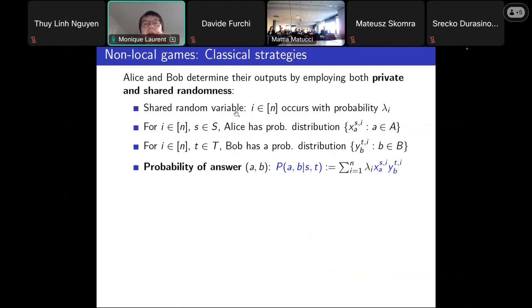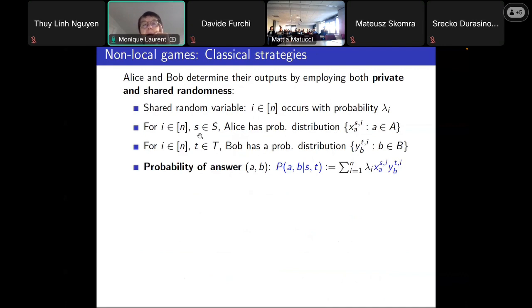Shared randomness is simply that they can toss a coin. They have n possible options, say, and they toss a coin to decide, okay, I'm going to follow option i with probability lambda i. So this is something they do together. And then they have private randomness. So now let's fix that they have chosen the option i. So let's not look at i anymore.